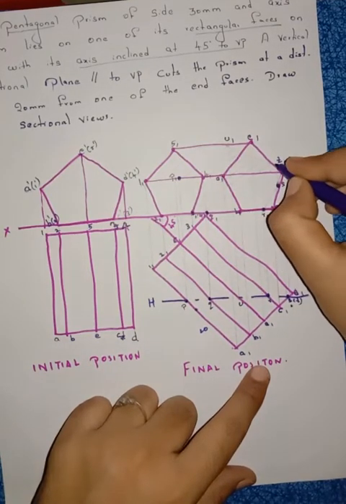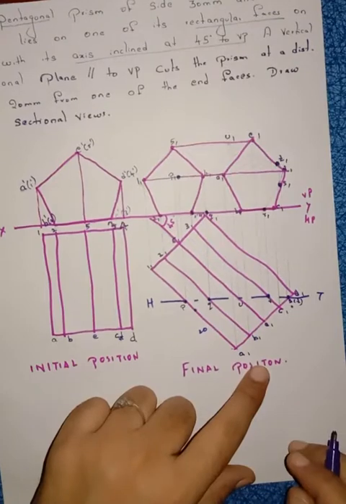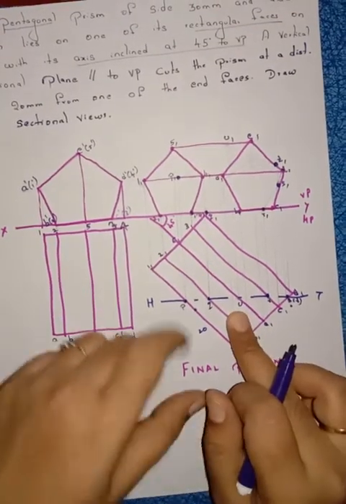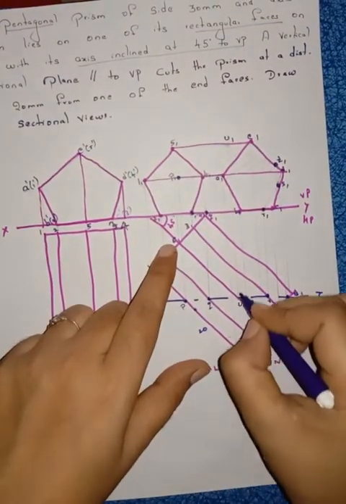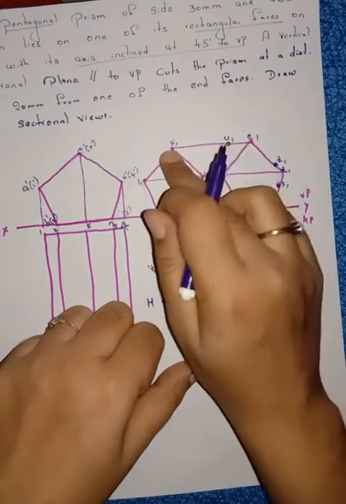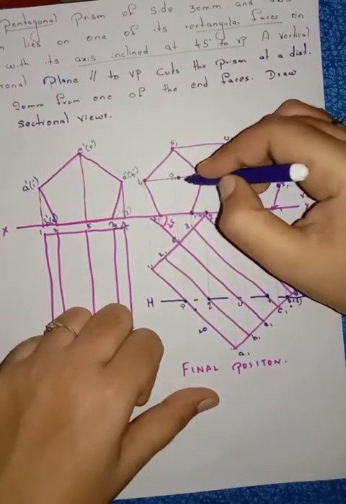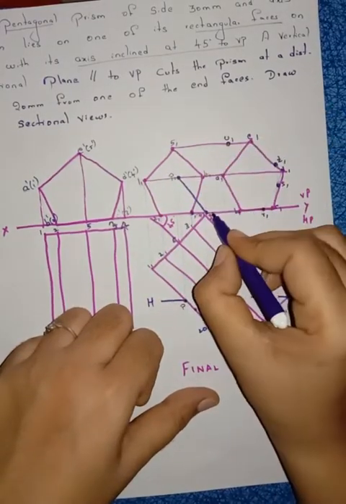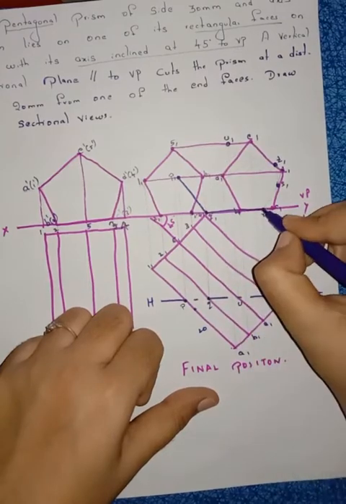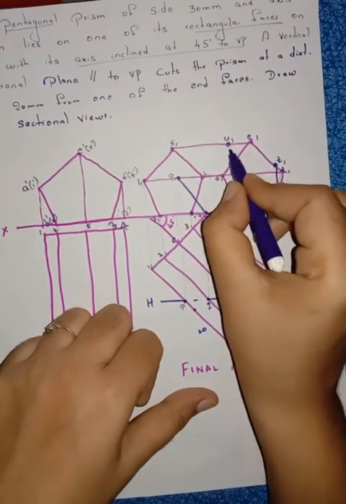You will get S point here. You will get T point here. Then next, U. U is in between 5 and E. From U, draw a straight line in between 5 and E. Join here P, Q, R, S, T, U.